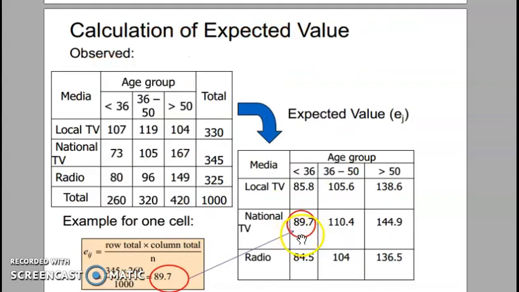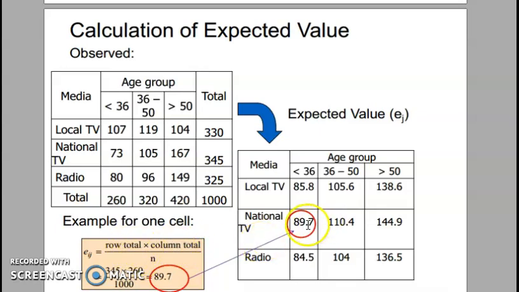So to get the expected frequency, this is row 2, E21. Row 2, column 1 is simply multiplying the total in row 2 and the total in column 1 divided by n.